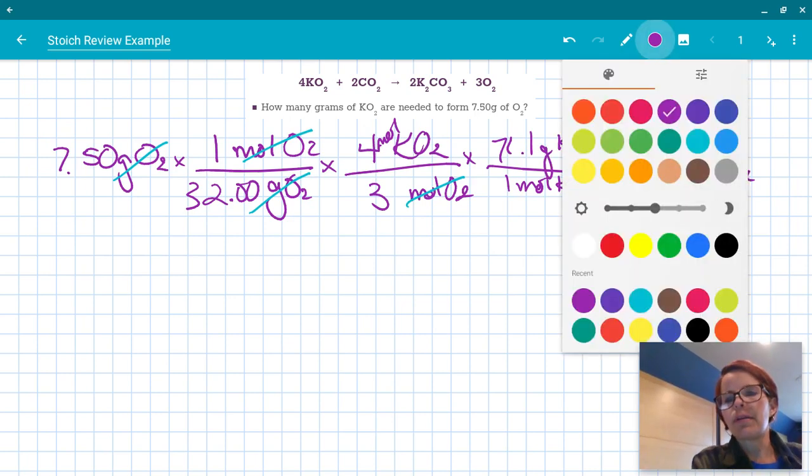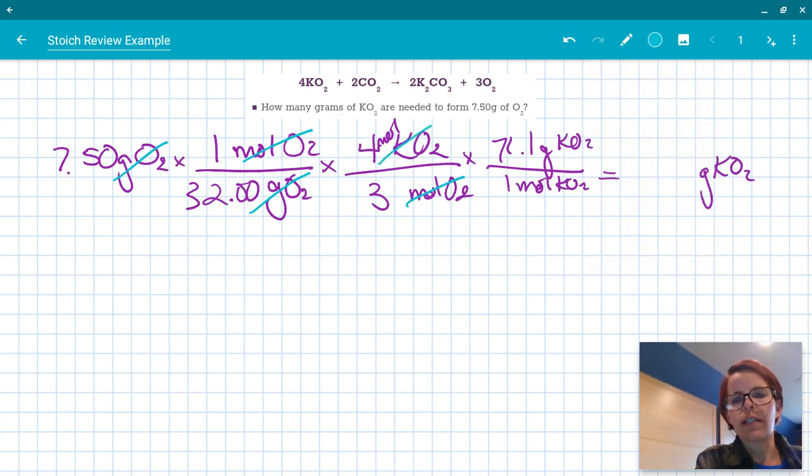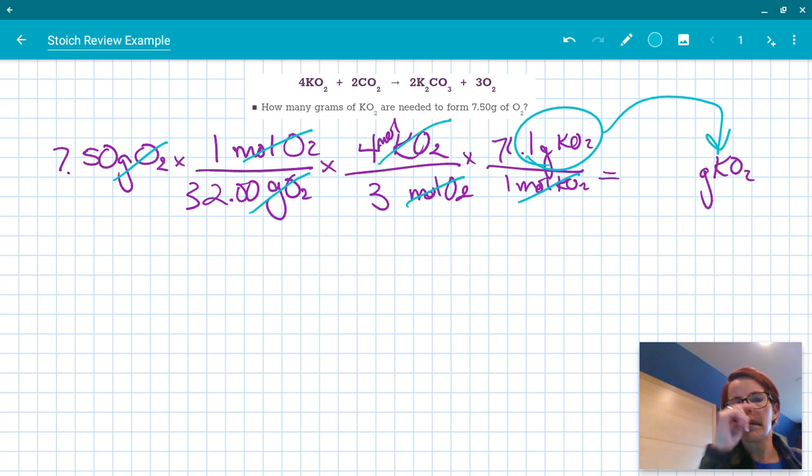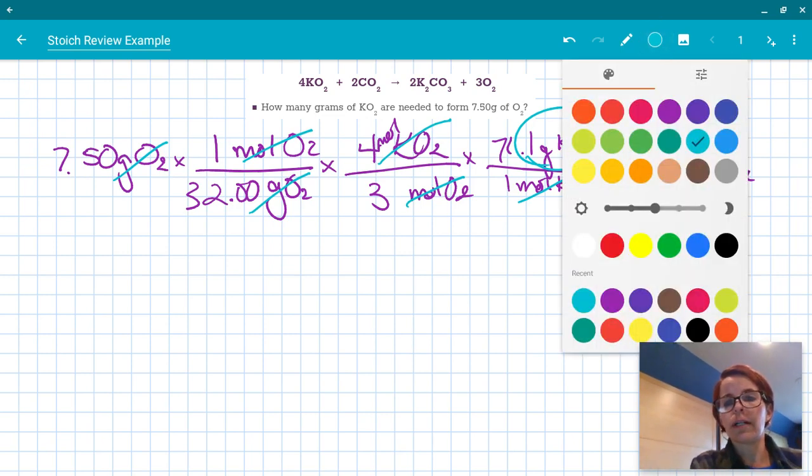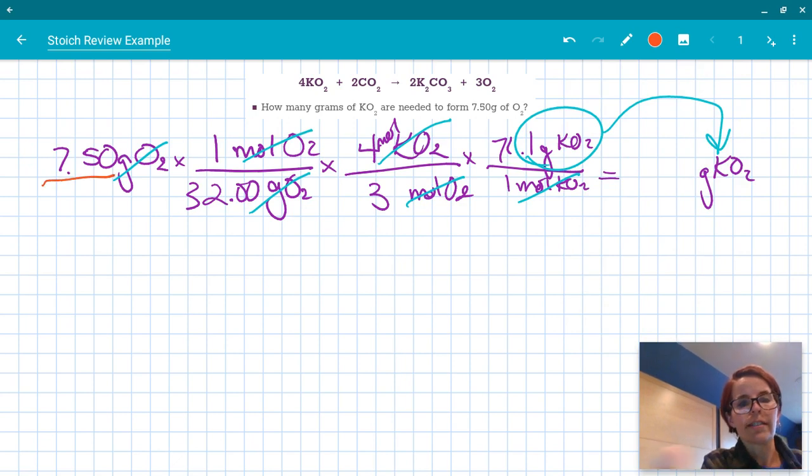And now I see that my units have fortunately canceled, and I am left with the unit that I was looking for. So now I'm going to multiply everything. The things that I need to multiply, I'm going to circle. I need to underline 7.5 times 1 times 4 times 71.1 divided by, and then in parentheses, 32 times 3. And that will give me my final answer. So I'm going to do that right now.